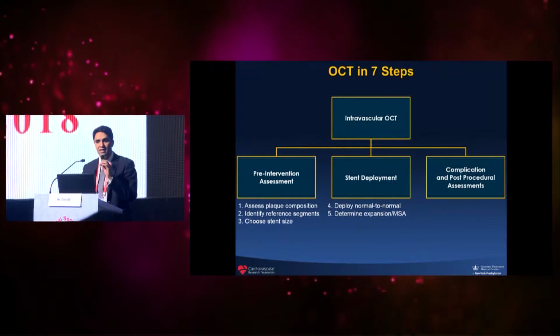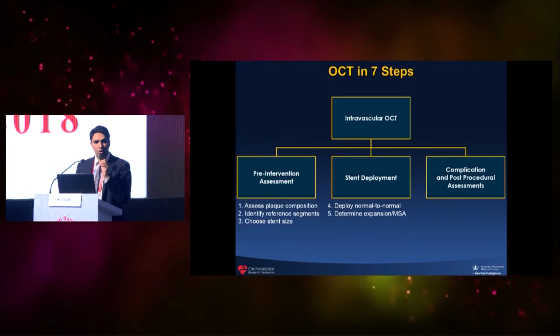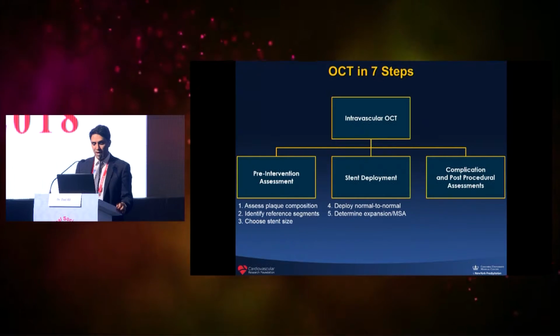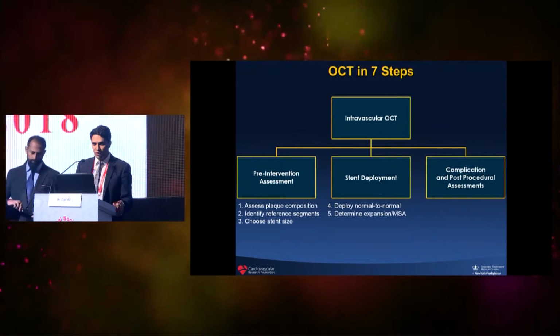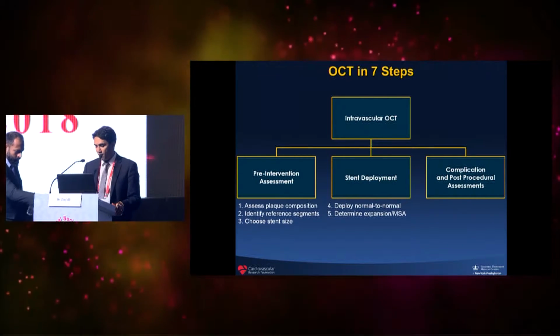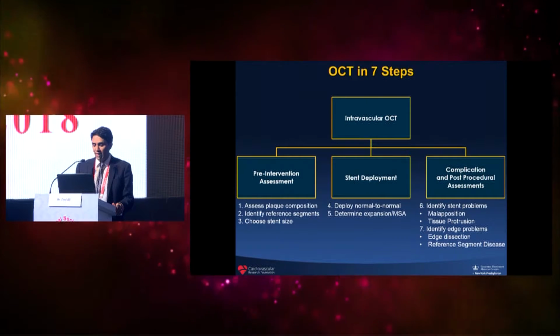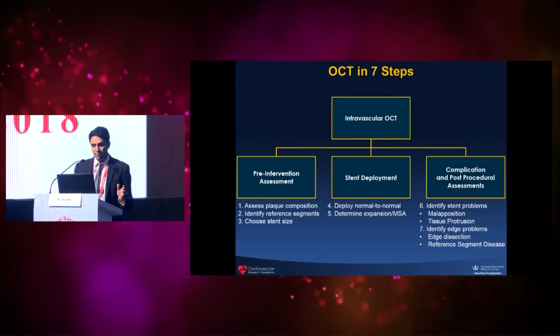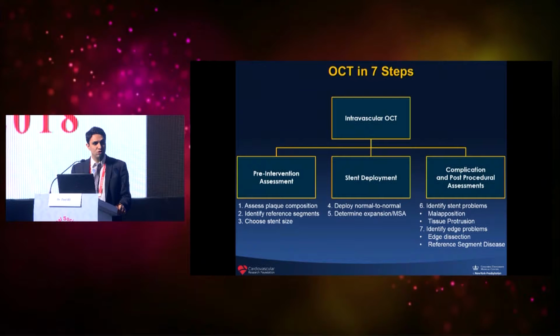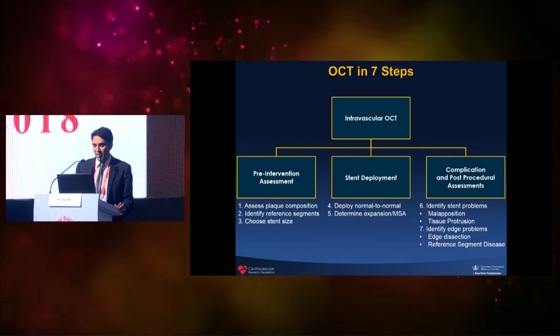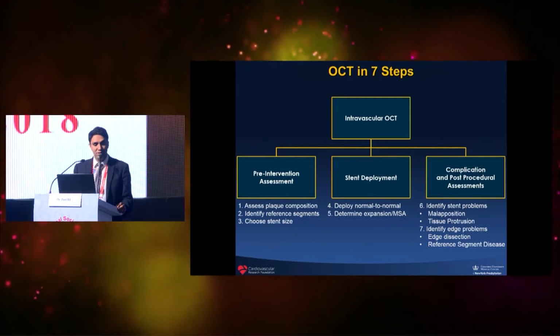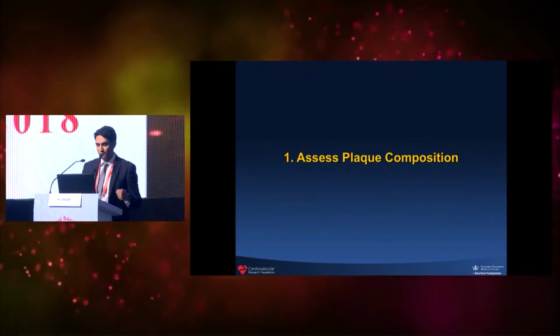And following stent implantation, determine whether or not our stent is fully expanded, the critical nature of which was just described. Finally, complications and post-procedure assessments divided into identifying stent problems, which include malapposition and tissue protrusion, and identifying edge problems, which include edge dissection and reference segment disease.